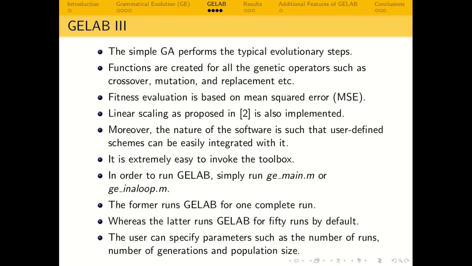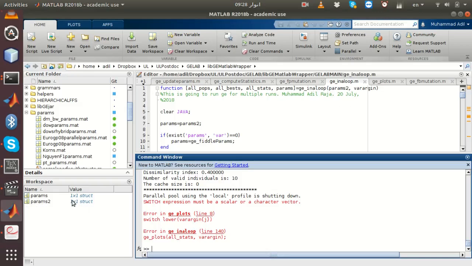So now I'm going to give you a small live demo of how it is actually going to work. In order to run GELAB on the MATLAB prompt, we invoke this function, GEFiddle params, which are basically control parameters of any evolutionary computing system.